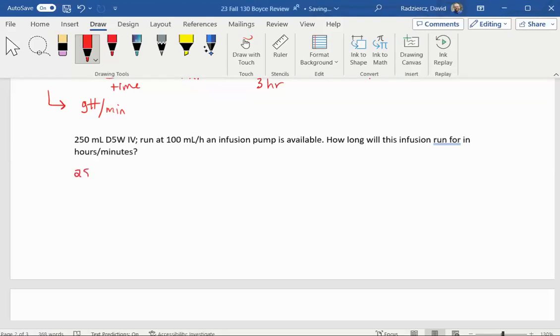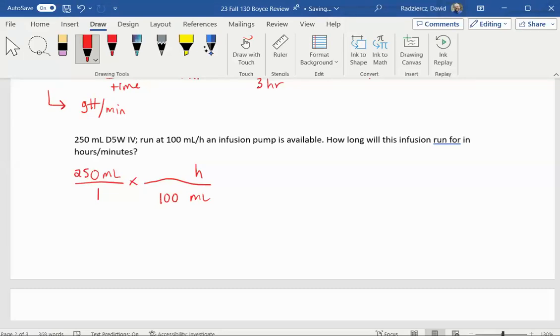So what I'm going to do is start off with the total volume, which is 250 milliliters. Okay. And I can say that's over 1, just so we have some consistency when I make my conversion factor. Since I'm looking for time, I'm going to take my flow rate that's listed, the 100 milliliters per hour, and I'm going to invert it.